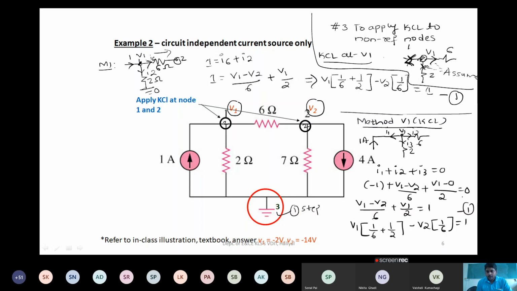I prefer this second method, where virtually you assume, without any arrowhead here, that all currents are outgoing currents.